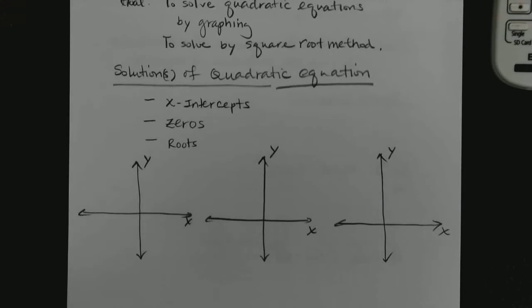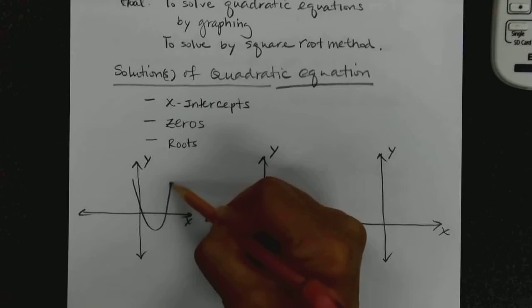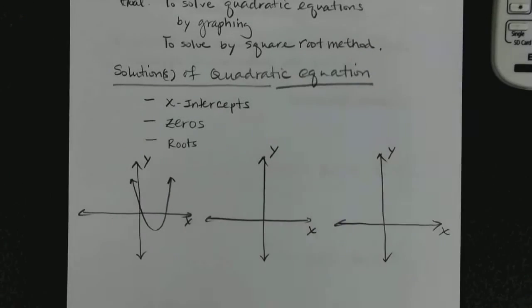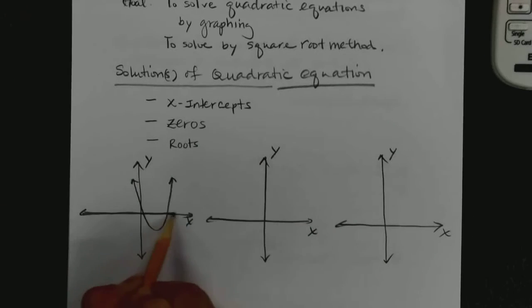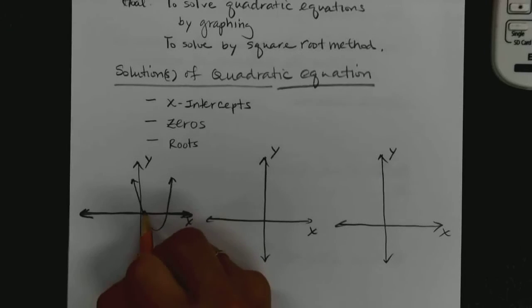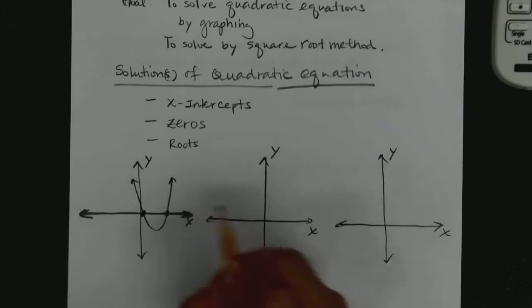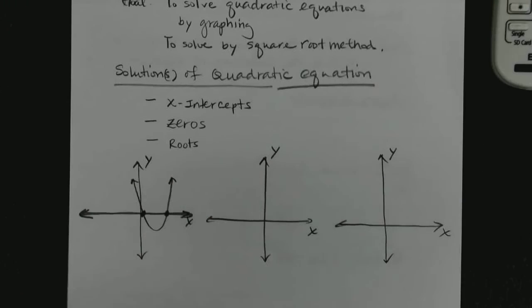Okay, so you ready? When your parabola is upright, it goes like this. Here's my parabola. It goes through the x-axis at how many points? 2. Here and here. That's where the parabola crosses the x-axis.